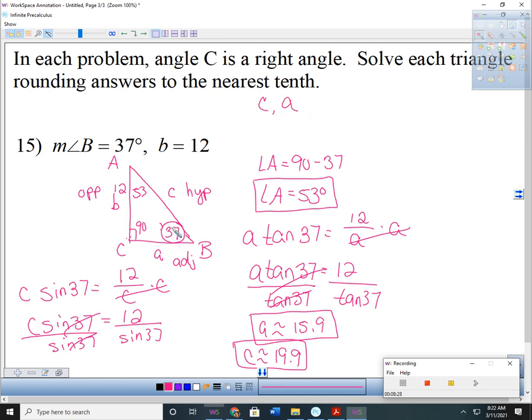And then the smallest side should be 12. So if you look, 19.9, that's the biggest, right? 15.9, that's the next. And then 12 is the smallest. So if you're really off, you should be able to tell if you do that to check yourself. Are you guys good with that one? Yes.